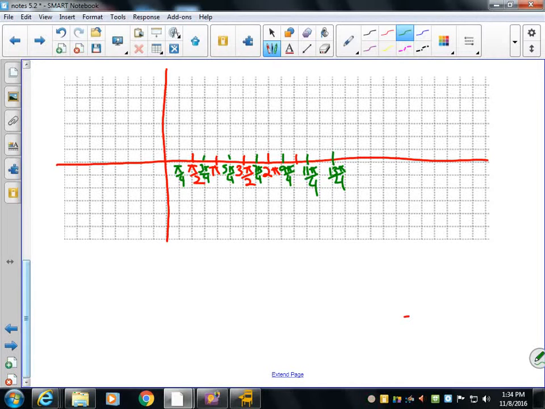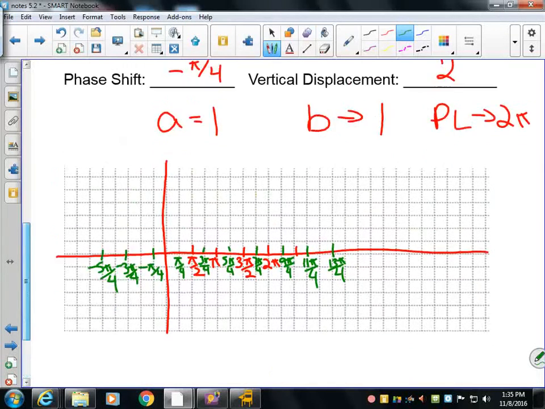They skip every other quarter, right? And this right here, that's negative pi quarters. And that's negative 3 pi quarters and negative 5 pi quarters. Okay? So you just have to realize, okay, I'm shifting by a pi quarter, so instead of the pi halves, I probably want to know the ones that are stuck in between those pi half movements, the pi quarters and the 3 pi quarters, right?